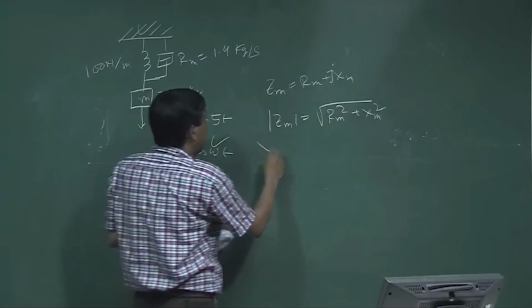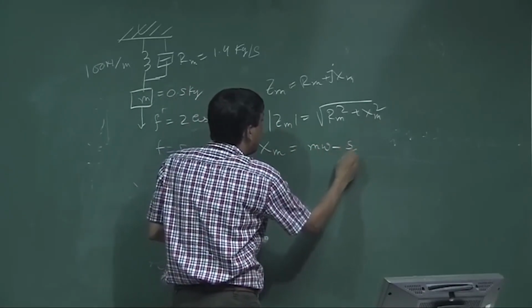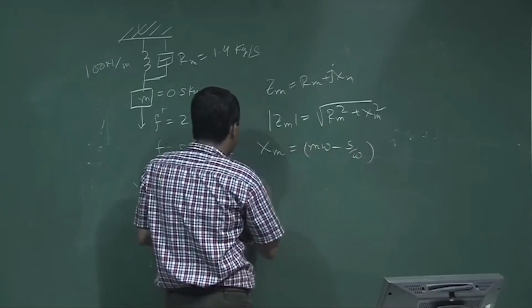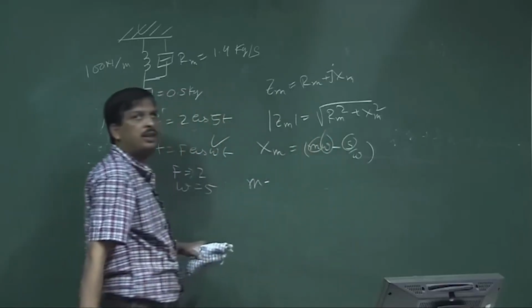So, what is Xm again? It is m omega minus S by omega. M is given, S is given, omega is given, so I can find out Xm.